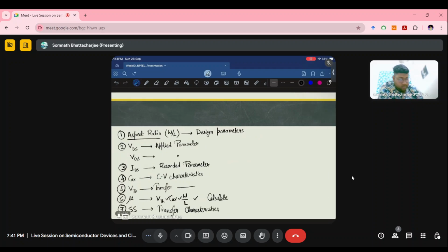Now the saturation point, we need to know from where the saturation is happening.